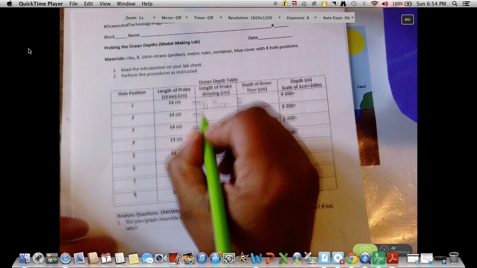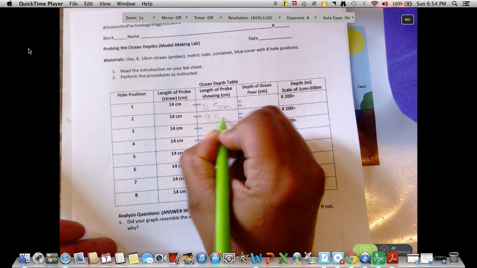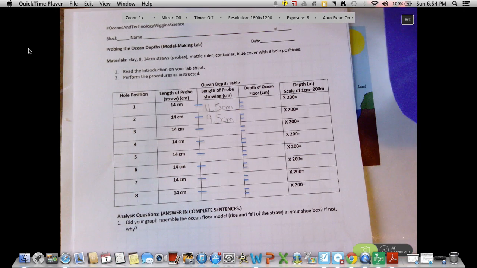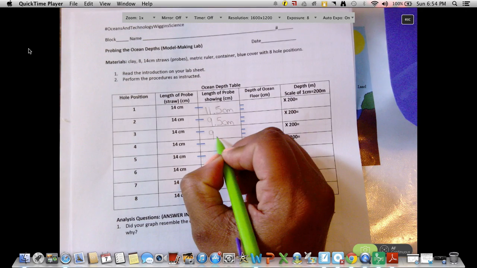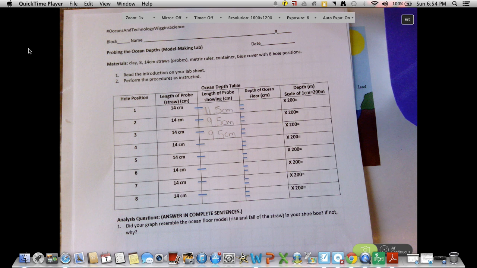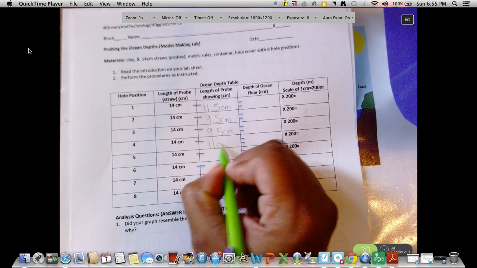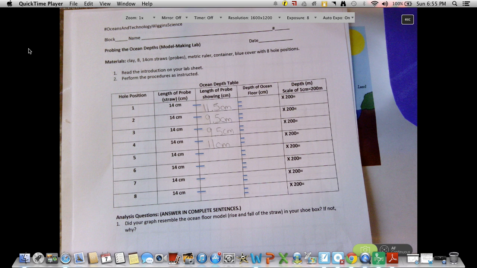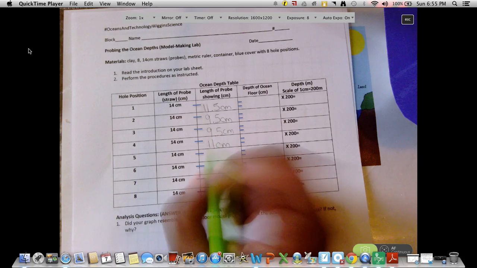Position 2 is 9.5. Make sure your straws are staying straight up. Position 3 is also 9.5 centimeters. Position 4 is 11 centimeters. Position 5 is 10.5.